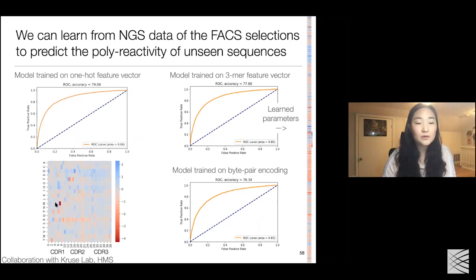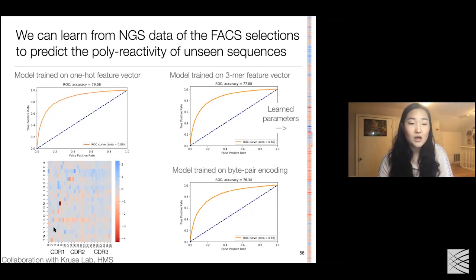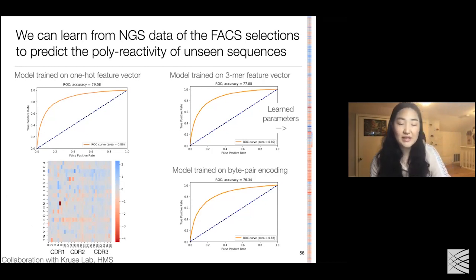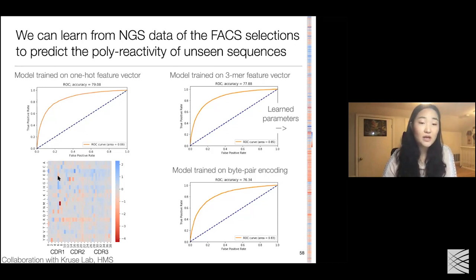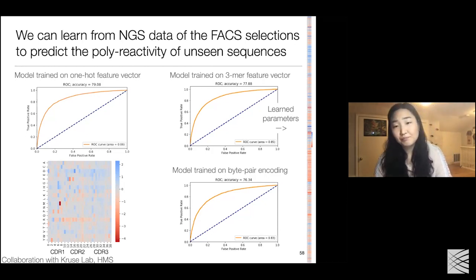For example, a methionine at position 8 in CDR1 seems to be highly unfavorable, as it is oftentimes seen in sequences that have high polyreactivity. Other examples are arginines across the board, across the CDR sequences, which seem to be more common in highly polyreactive sequences, as opposed to aspartates, which seem to be the other way around.